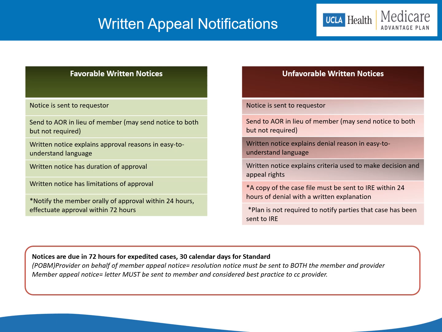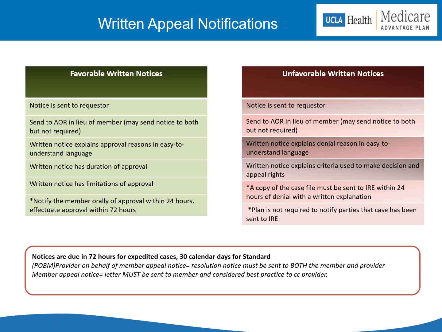Now, for the unfavorable written notices, the written notice explains the denial reason in easy to understand language. Also, the written notice explains the criteria used to make the decision and appeal rights. It's important that our notices always tell the members what guidelines or criteria we use to make that decision and their rights to get a copy of their records and those guidelines as well.